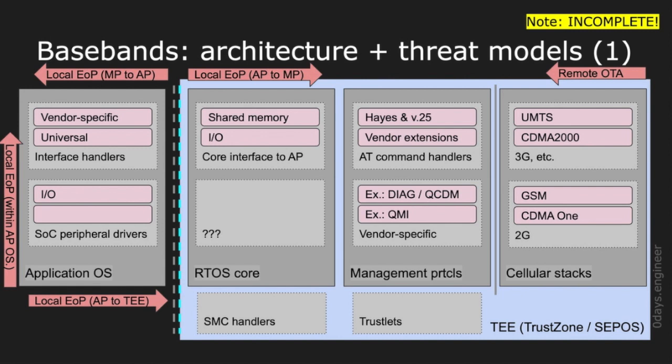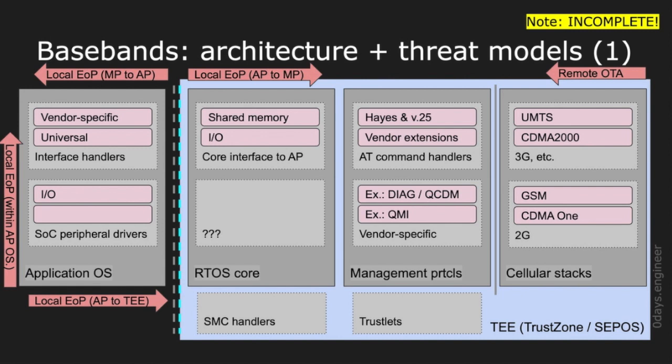But a bit more interesting are the vendor-specific management protocols. One of them is the Diag protocol. Because modern basebands are very complex, vendors need some sort of specialized protocol to enable configuration and diagnostics for the OEMs. In case of Qualcomm, for example, Diag is just one of the many diagnostic protocols involved.